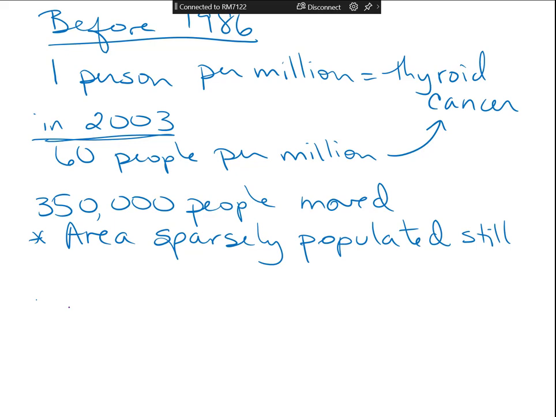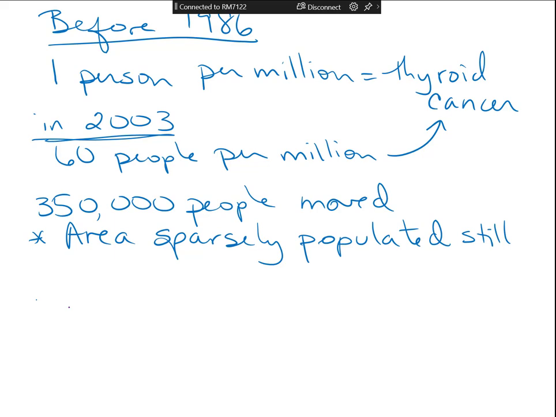And remember, this happened in 1986, and this is 2003. So that tells you what? That it's still residuals that you're seeing. Young people that were exposed in '86, sometimes cancer doesn't show up the next day. Sometimes it takes two or three decades to end up having visible symptoms that you go to the doctor and get diagnosed with.